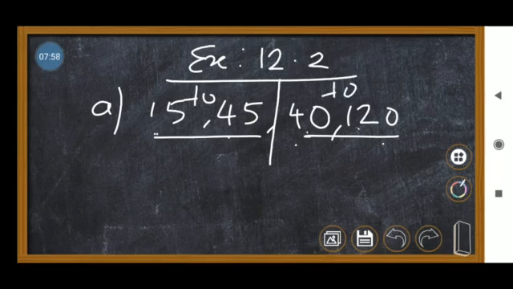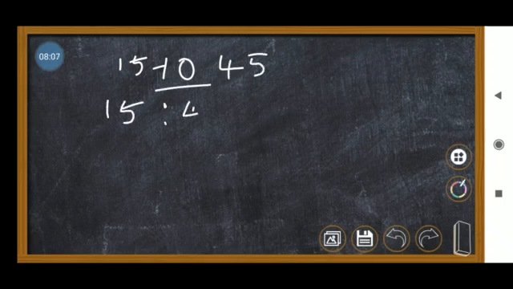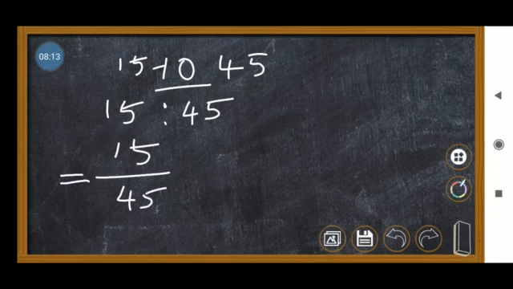First I will take 15 to 45. So 15 is to 45 means 15 divided by 45. Am I right? Here the 5 table we can divide, no? 3 5s are 15 and 9 5s are 45.